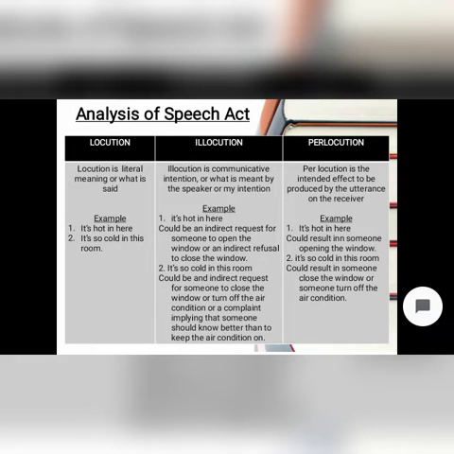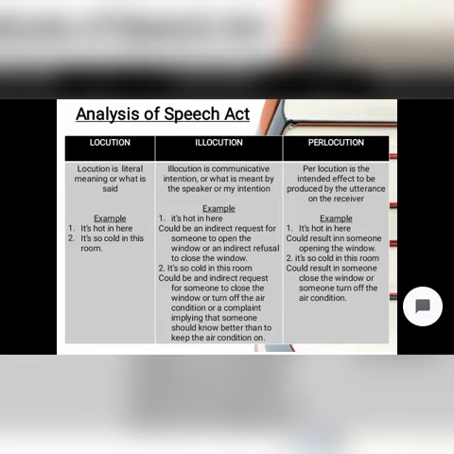Next, illocution. Illocution is the communicative intention, or what is meant by the speaker, or my intention. So, what the speaker intends to communicate to the addressee or hearer. For example, it's hot in here could be an indirect request for someone to open the window or an indirect refusal to close the window.